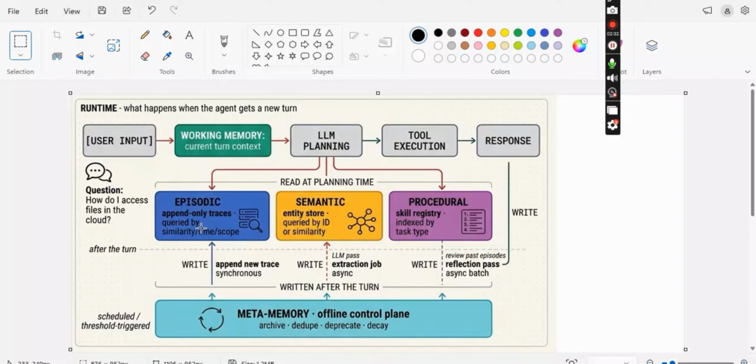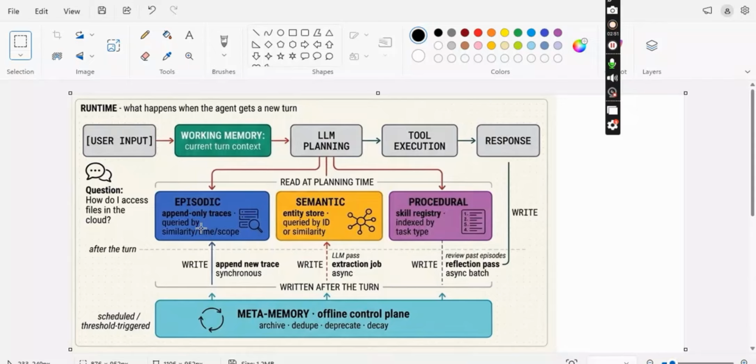When I say chronological order, that means when new information comes, it only gets appended. It is like a trace of what happened across the session that gets appended to this episodic memory.